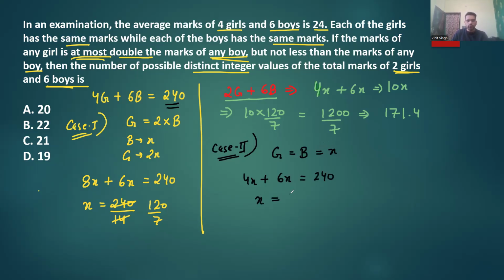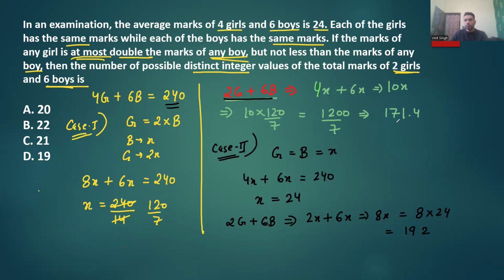Here we get x is equal to 24. So we have to find the marks of 2 girls and 6 boys. 2 girls is 2x plus 6x, which is equal to 8x. Now x is 24, so 8 into 24 is equal to 192.